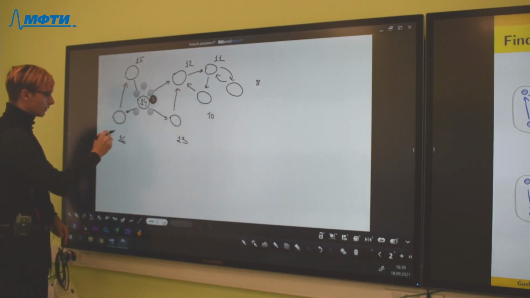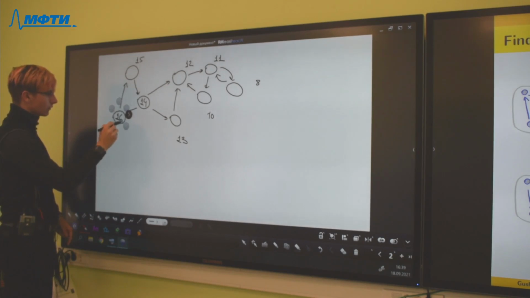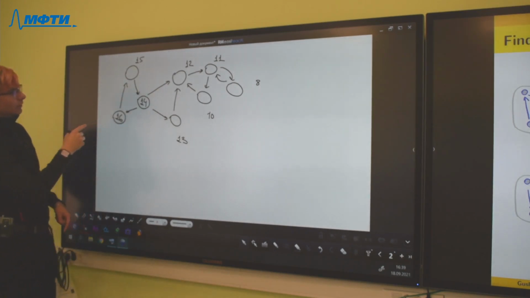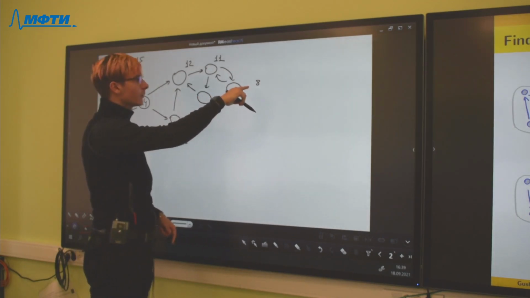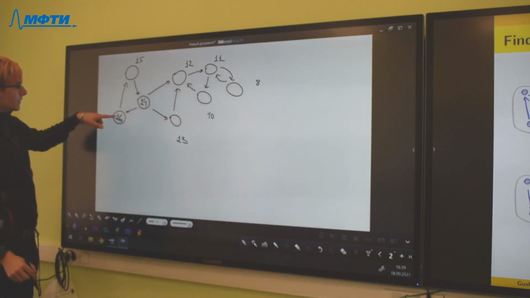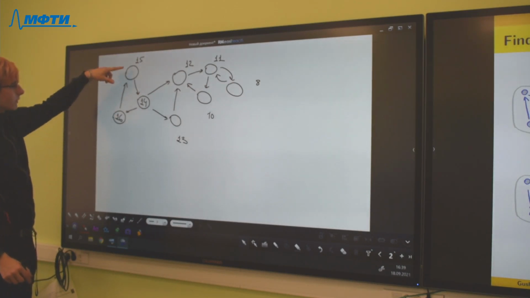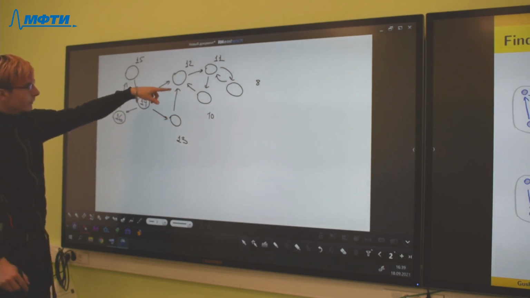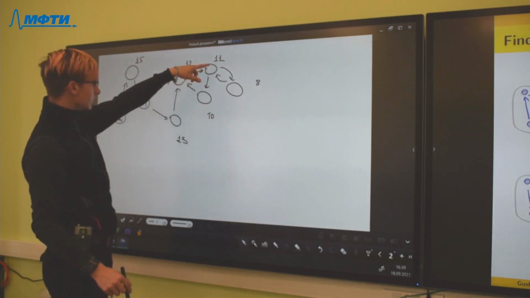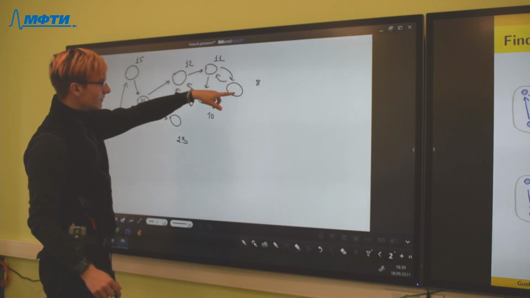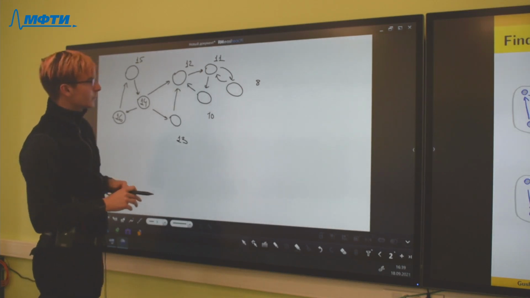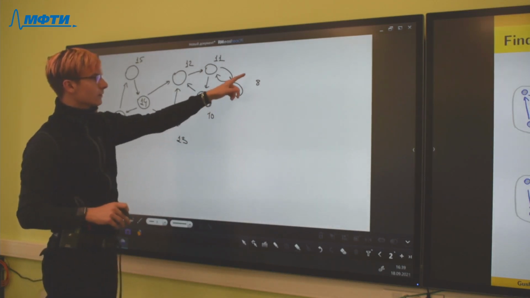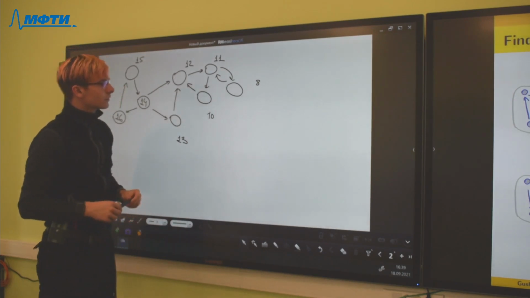This is 8. Why? Because when we start with this vertex, it was first time, second, third, fourth, fifth, sixth, seventh, and we finish with it at time 8.